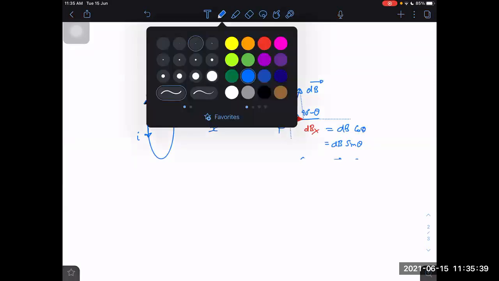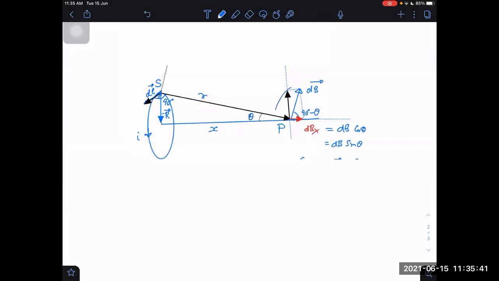If you look at this black color vector, then this black color vector will be rotating. So in this case, this black color vector will have k cap components also in the process. As I take dl this side, it will have some k cap components also. You understand that or not?